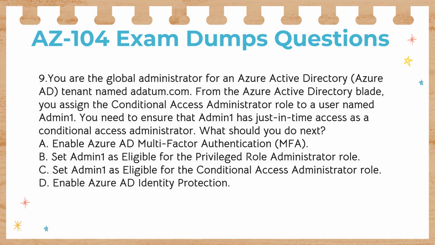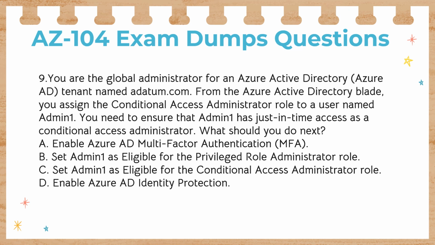9. You are the global administrator for an Azure Active Directory (Azure AD) tenant named adatum.com. From the Azure Active Directory blade, you assign the Conditional Access Administrator role to a user named admin1. You need to ensure that admin1 has just-in-time access as a Conditional Access Administrator. What should you do next?